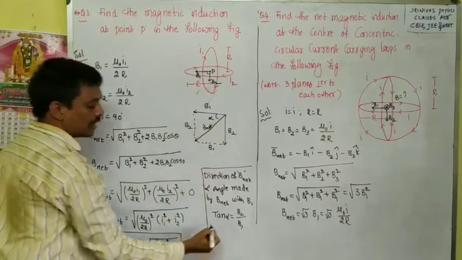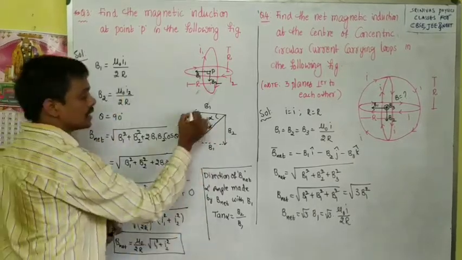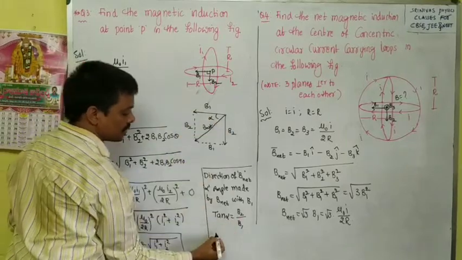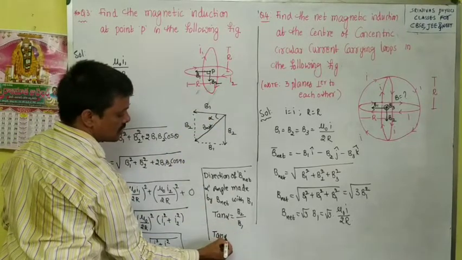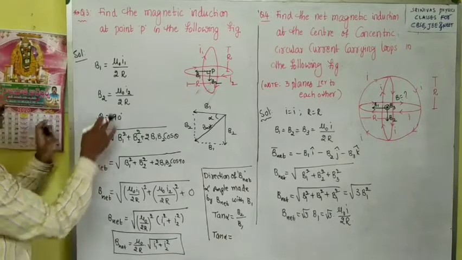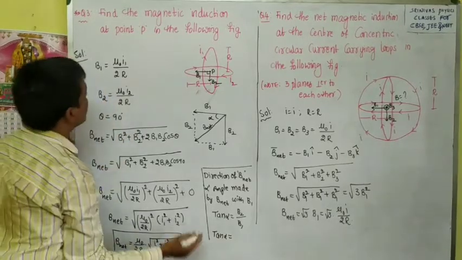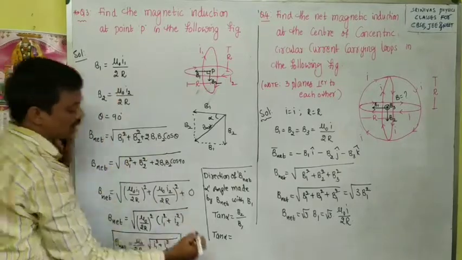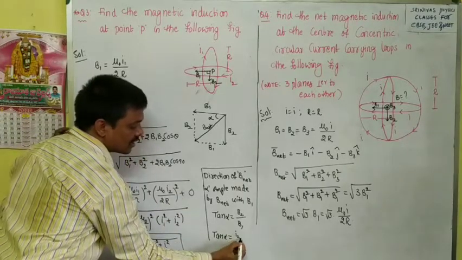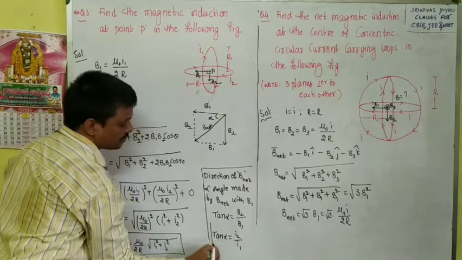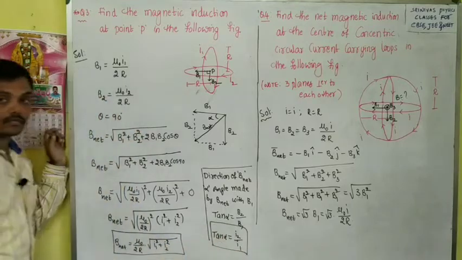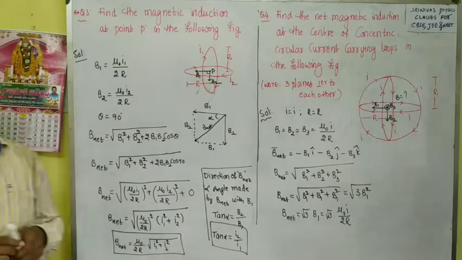Now tan alpha equals what? Opposite side B2, adjacent side B1. We substitute values. B2 by B1, then μ0 by 2R will cancel, and we will get the answer I2 by I1.